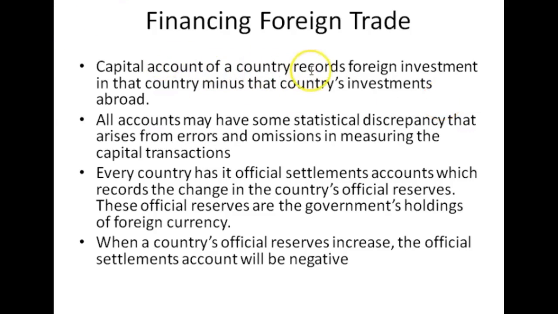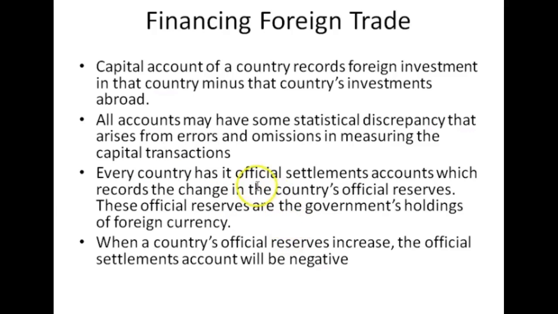So, capital account of a country also records the foreign investment in the country minus the country's investment. And also all accounts may have some statistical discrepancy that arises from errors and omissions when recording those figures.